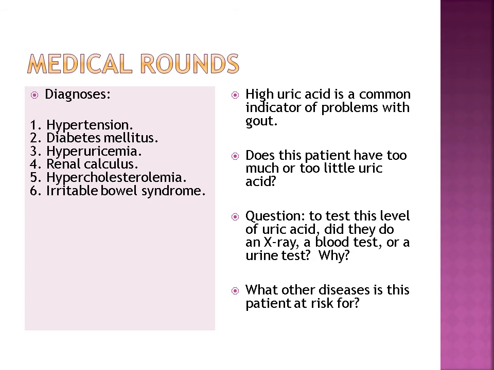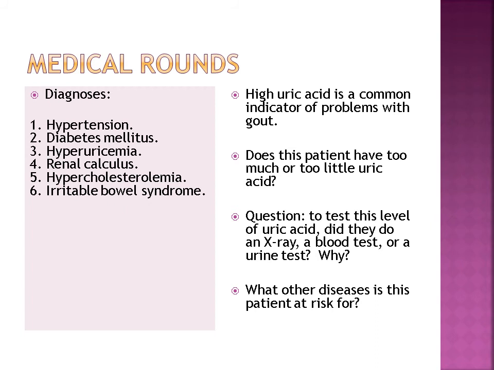Question: to test this level of uric acid, did they do an X-ray, a blood test, or a urine test? Why? Since we know that emia is the suffix indicating blood, it is likely that the test would be from a blood draw.